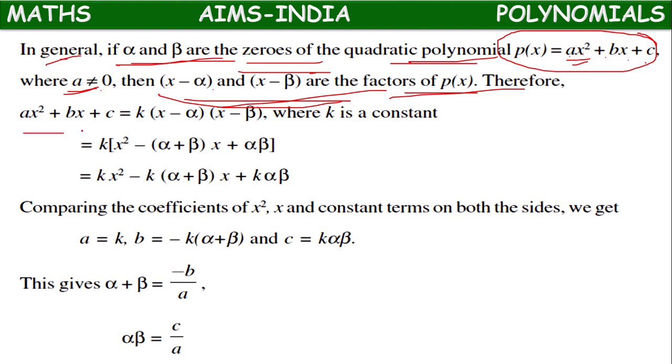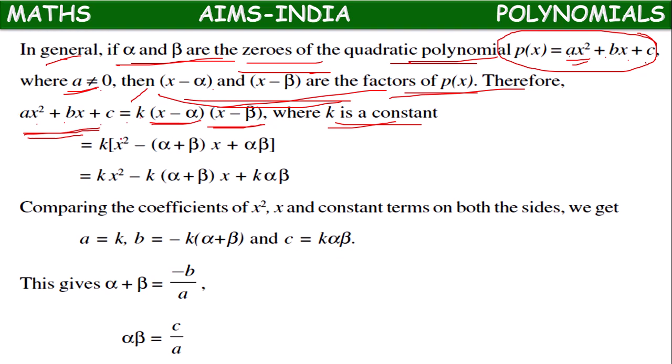Means the given quadratic polynomial ax square plus bx plus c can be written as a product of x minus alpha, x minus beta, the product of factors, along with one constant k, where k is a constant.